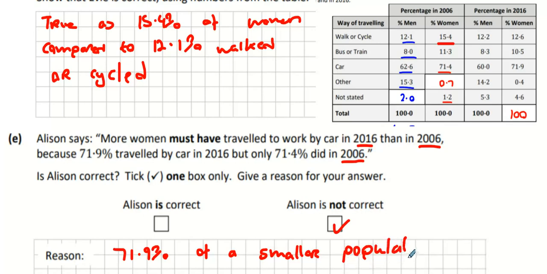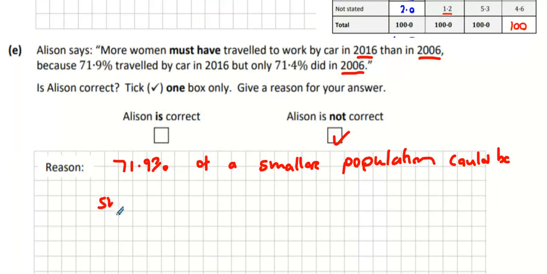71.9% of a smaller population could be smaller than 71.4% of a larger population.